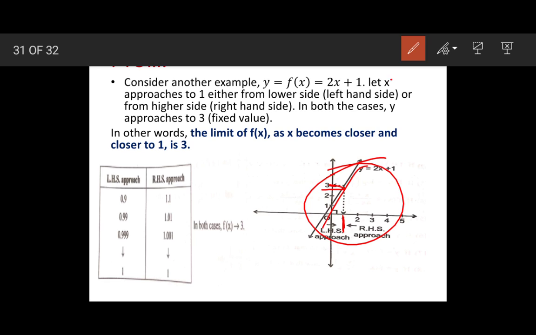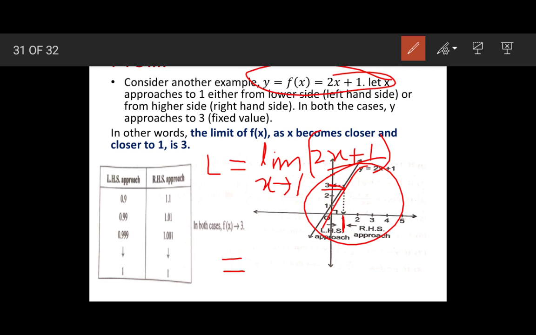So we can write this function in limit form as limit x tends to 1 of 2x plus 1. We find this value by taking x as 1, so the limit will be 2 into 1 plus 1, so 2 plus 1.